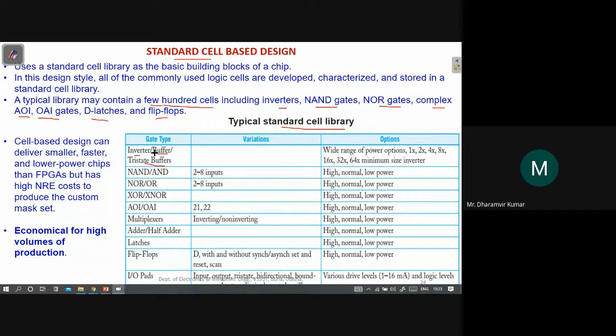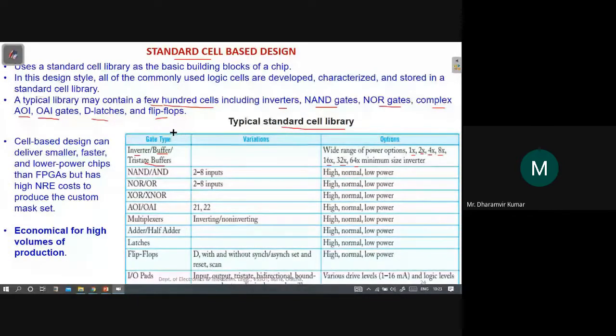When I say different flavors, I mean different varieties of these gates. For example, look here, a wide range of power options: 1x, 2x, 4x, 8x, 16x, 32x, 64x times the minimum size inverter.